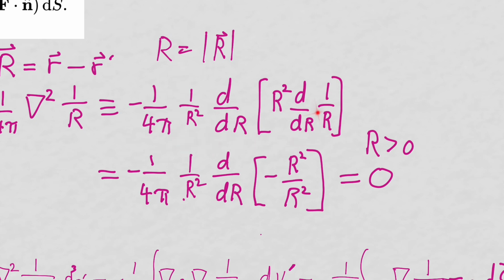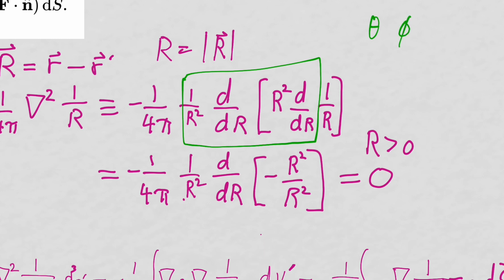And all of this stuff here, this 1 over r squared d by dr of r squared d by dr of 1 over r, that is the spherical Laplacian, the radial part of the spherical Laplacian. And you don't need the part associated with the spherical vectors theta hat and phi hat. Well, actually, no, this is the Laplacian, so the Laplacian is a scalar.